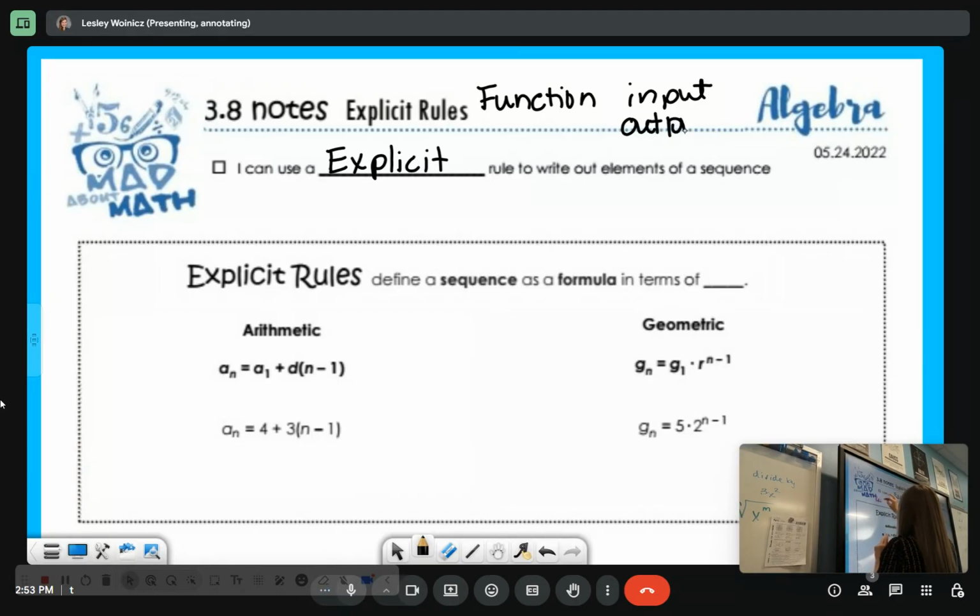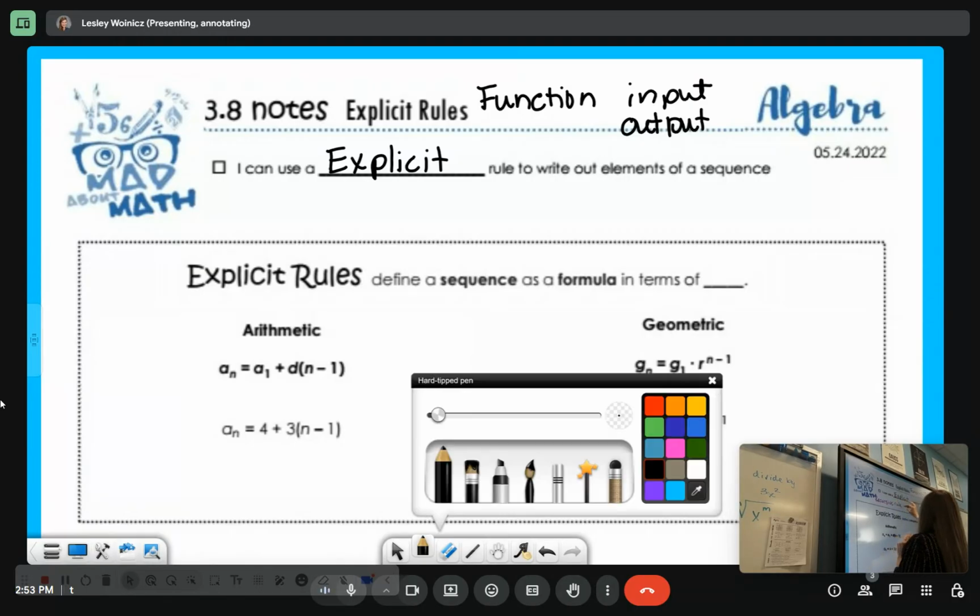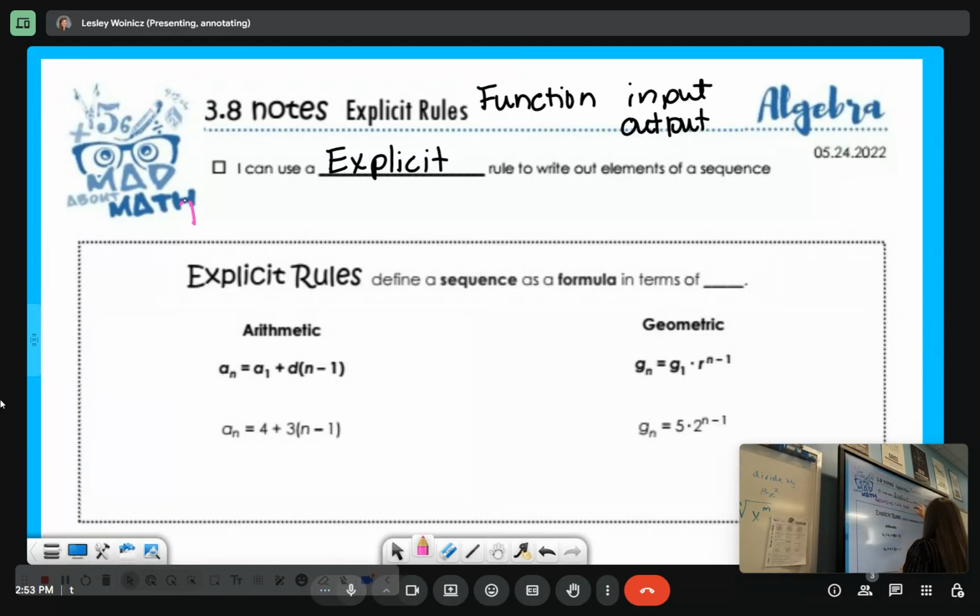So the difference between an explicit rule that works like a function and a recursive rule is that a recursive rule needs previous terms to find the next term. We have to know what the previous terms were to get our next term.